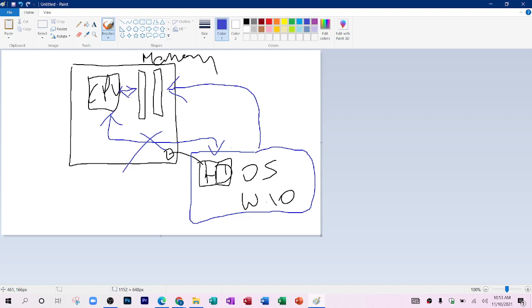So the same operating system, when your computer starts up, is transferred into memory. And when it is in memory, your CPU looks at the data in memory, not the hard drive, and works with that data.